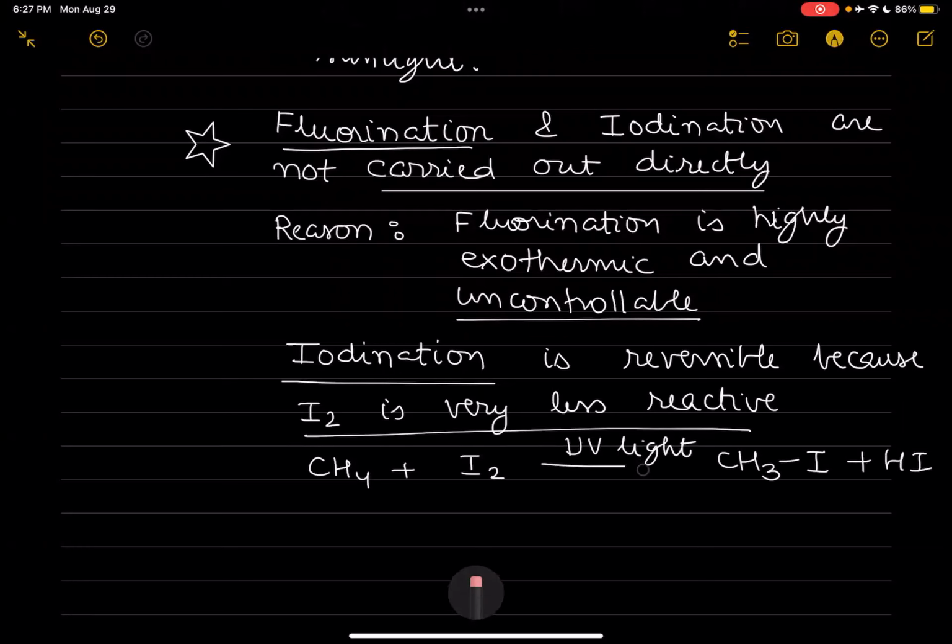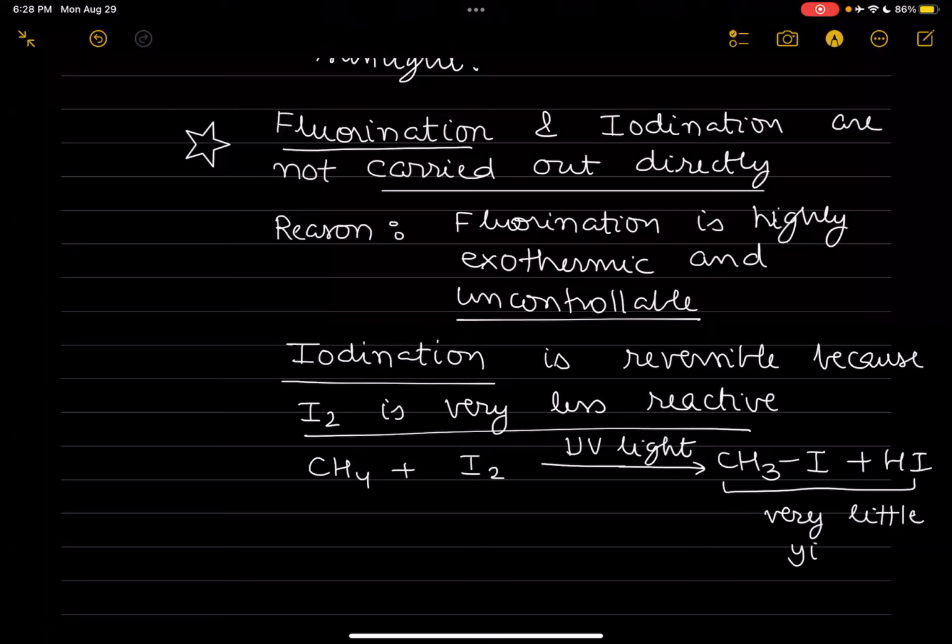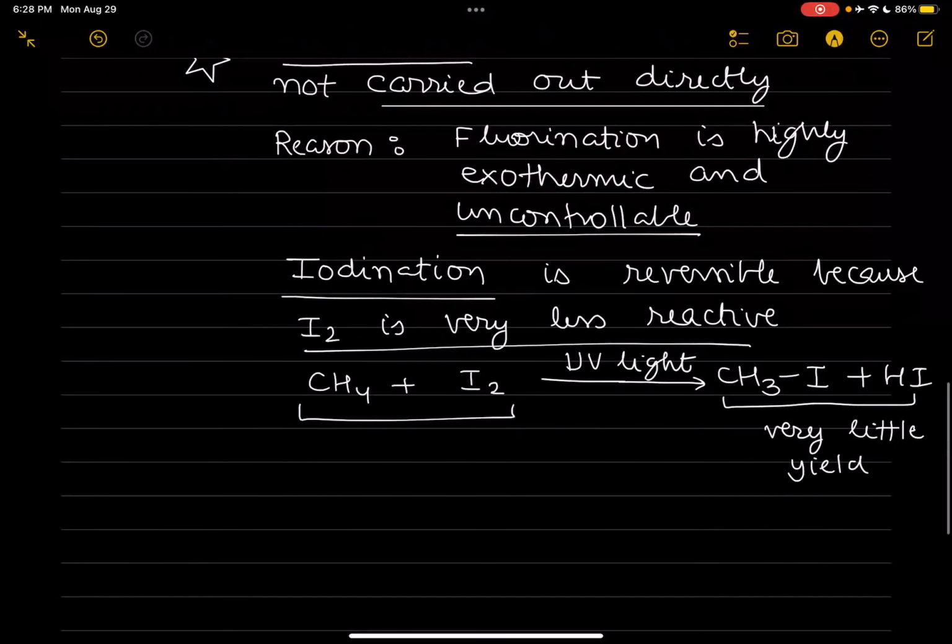But what happens here is that a very small amount is formed, and most of it remains unreacted. It is because iodine is very less reactive.